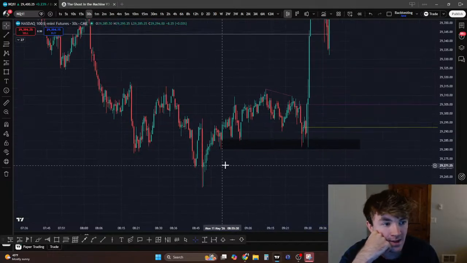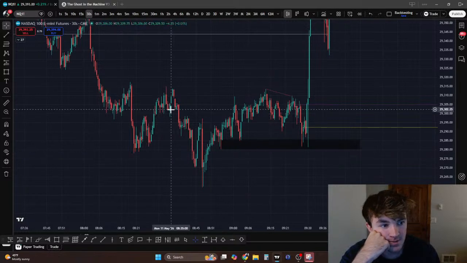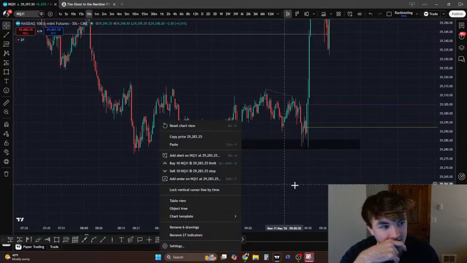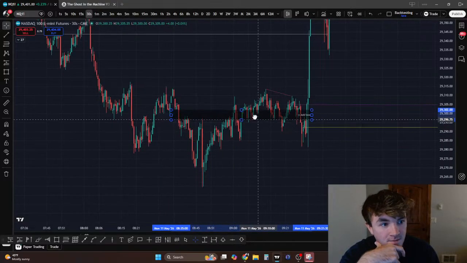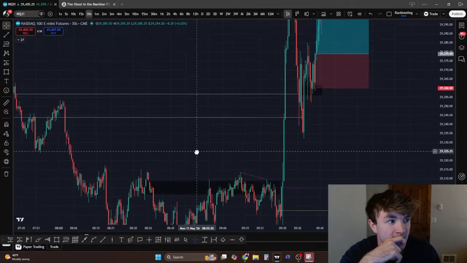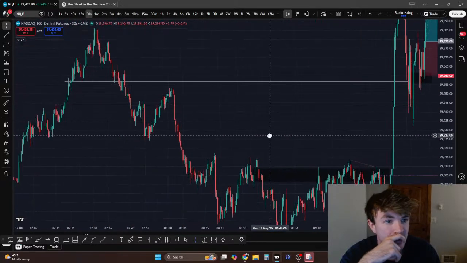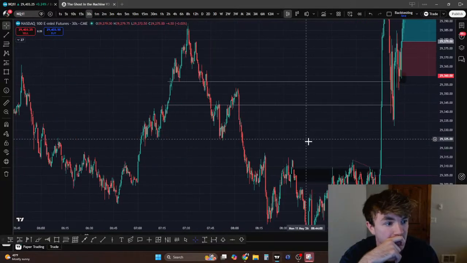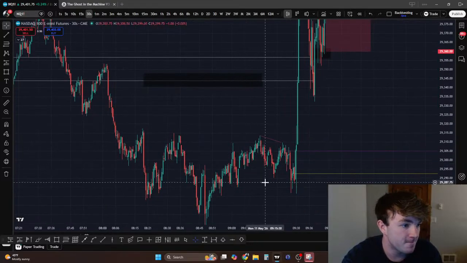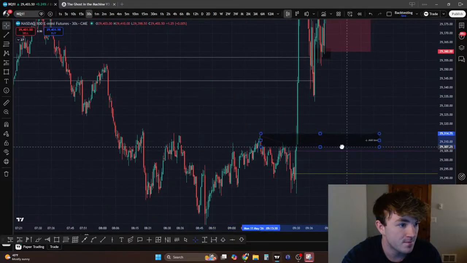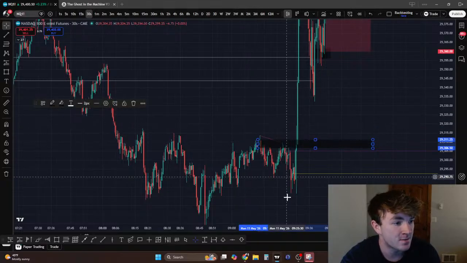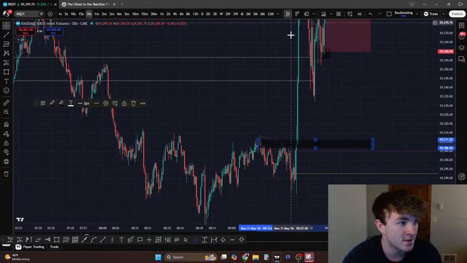A breaker block is like the highest series of up-close candles or the lowest series of down-close candles. For instance, this would be here. Let me try and find a better example. That could be a breaker block. It's the series of up-close candles prior to the move lower and then expansion.